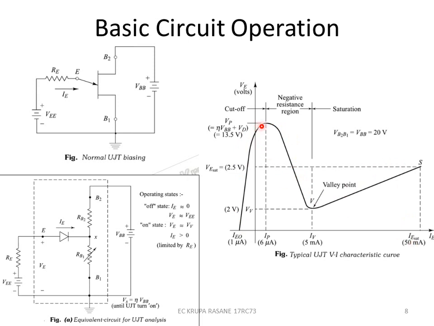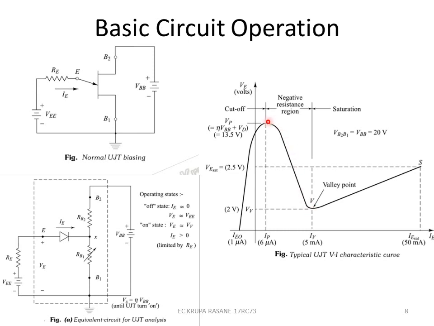And if you see, there are three regions of operation. The region before the origin is the cutoff region. At that time, the current is going to be negative because the diode is reverse biased. The region between the V peak and the valley point is called the negative resistance region, because here there is a drop in voltage but a rise in current.